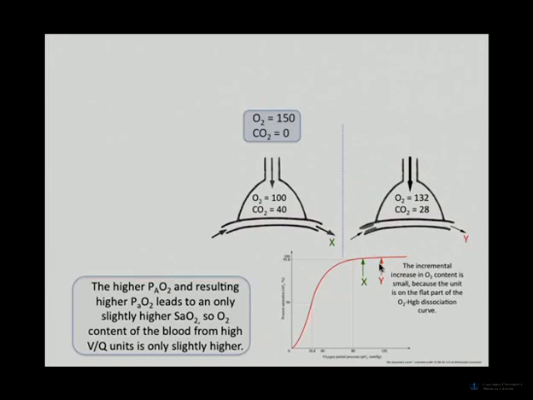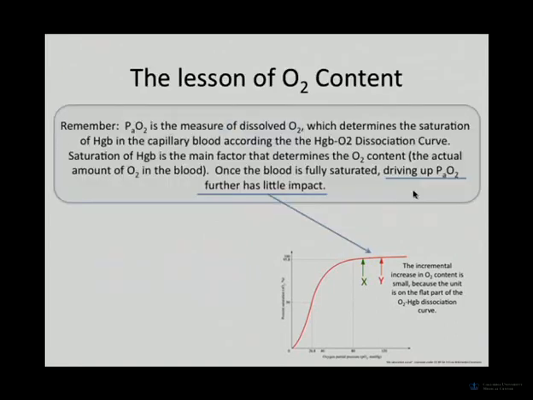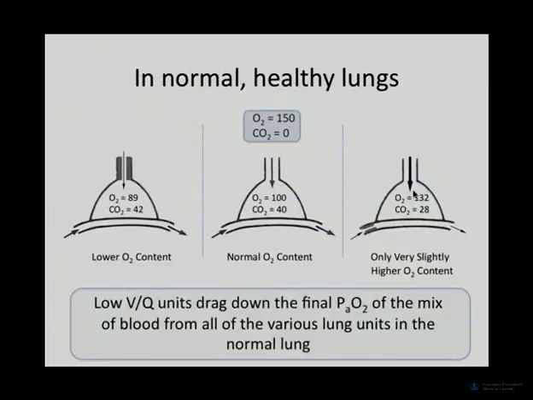So the contribution from these higher performing, these high VQ units, doesn't add incrementally much oxygen to the blood. Okay? It is the fundamental lesson of oxygen content. Once you've saturated your hemoglobin, trying to jack up that PaO2 doesn't matter.